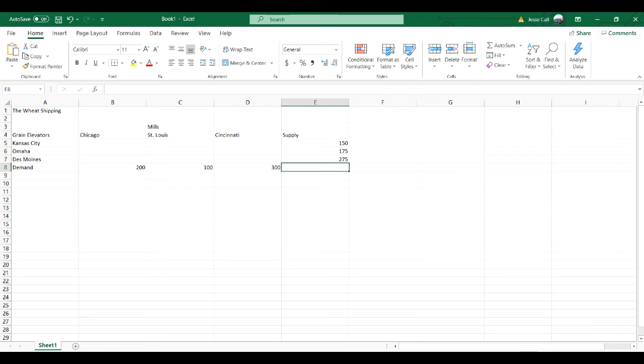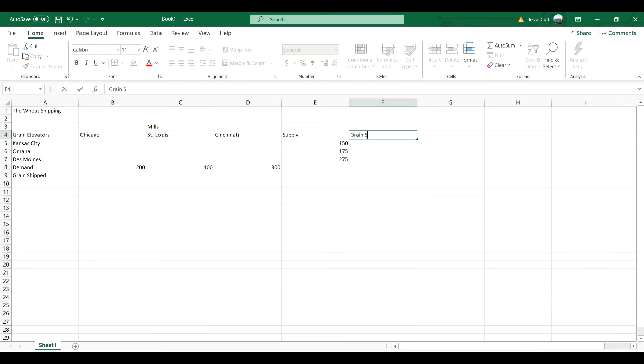Now, we're going to add 2 more columns that weren't given to us. The first is grain shipped, which is how much was shipped to meet demand. And the next is grain shipped again, how much was received to meet demand.